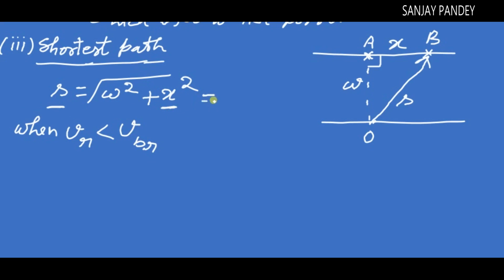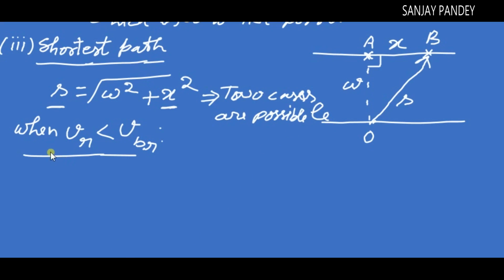In this case, two cases are possible. When Vr is less than Vbr, for minimum S, the minimum path length, x should be equal to 0.